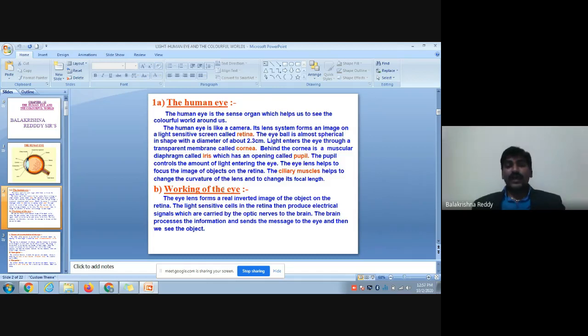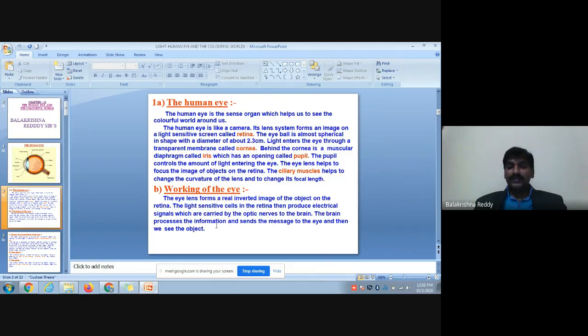Now, the working of the eye: how the eye works. Just now, the eye lens forms a real, inverted image. Since it is a convex lens, which we discussed is a converging lens, all the light rays passing through the convex lens will converge. Therefore, after converging, the image becomes inverted on the retina.